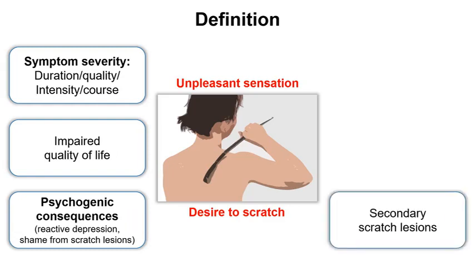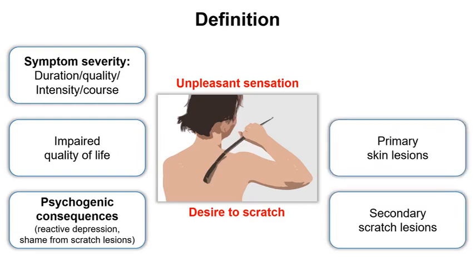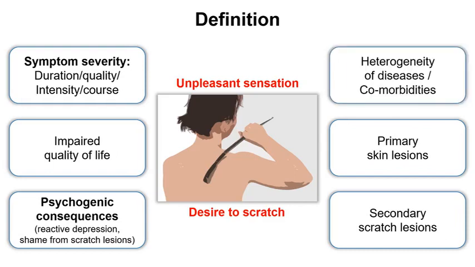Then we have the desire to scratch, and of course the secondary scratch lesions, and we have to separate this from primary skin lesions, primary dermatosis, and we have to separate those as an etiology for pruritus from other diseases and from comorbidities, which have nothing to do with pruritus. So you see, here is the complexity of a patient with chronic pruritus, and you have to consider all these dimensions, and this explains why the medical care is not easy in one patient.